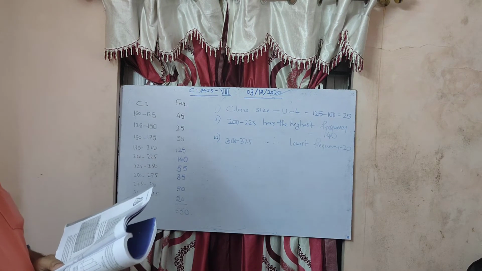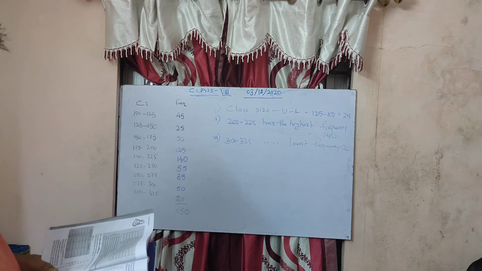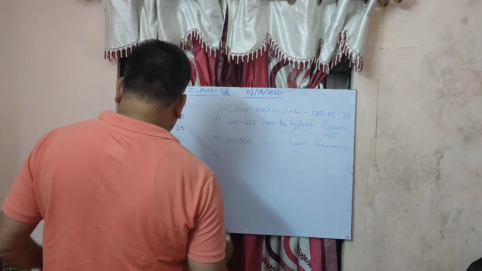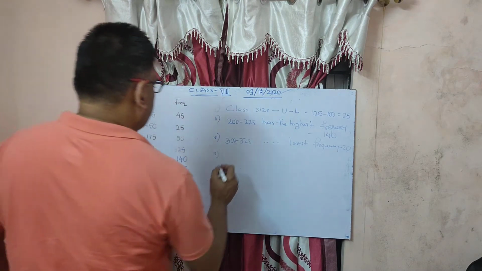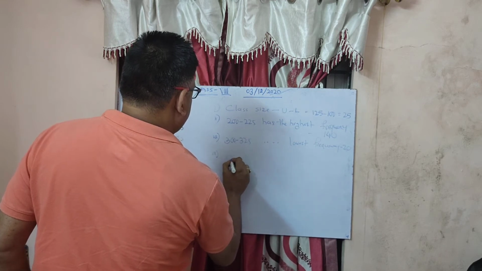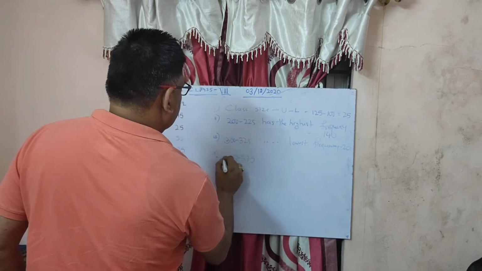What is the next question? What is the upper limit of the class interval 250 to 275? Fourth one, upper limit of 250 to 275. The question is, what is the upper limit?